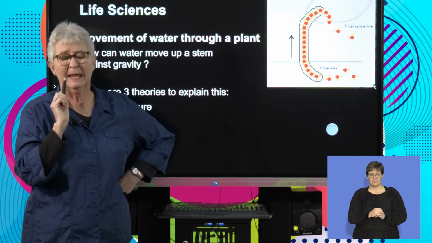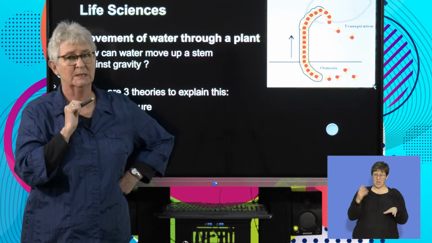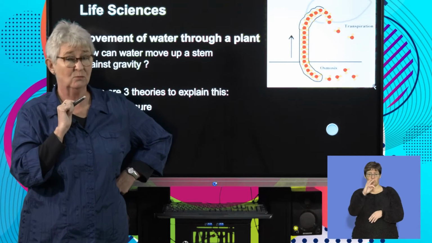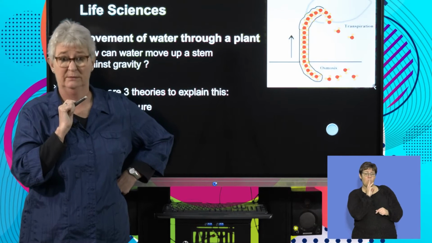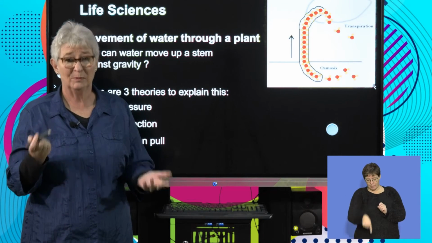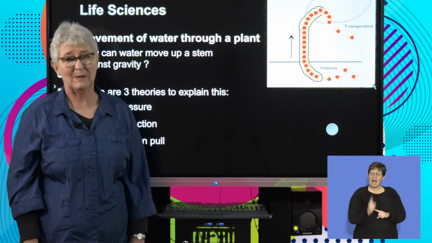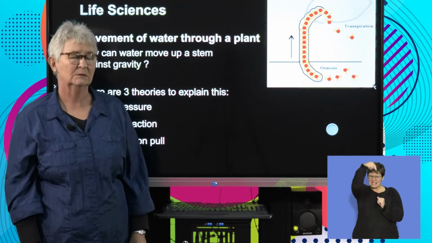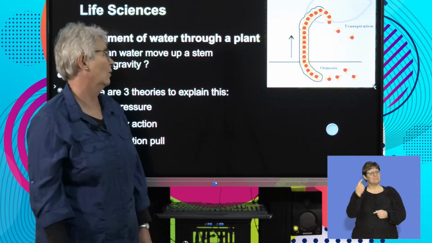Now, there's a bit of a problem because gravity pulls everything downwards. Have you ever seen a waterfall falling upwards? No. So how come water can move up a plant? That's something that puzzled scientists for many years, and they think they've found how this actually works.